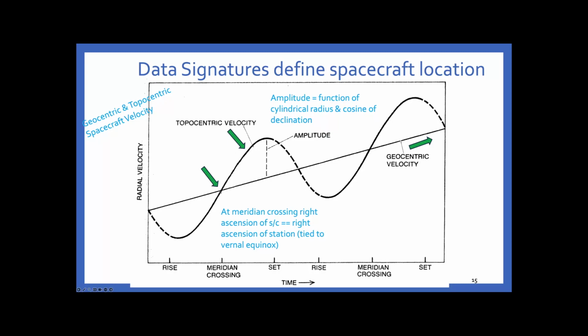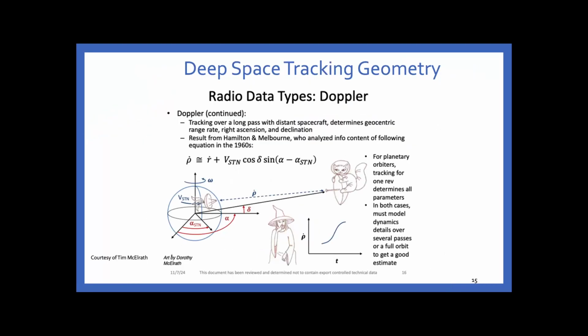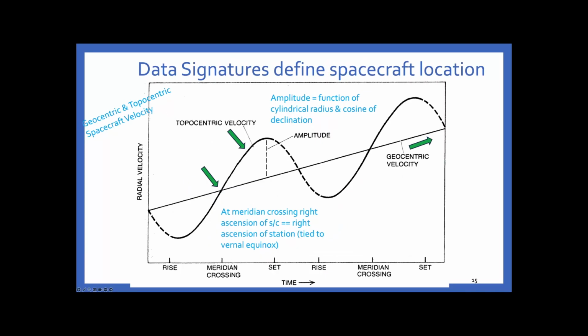So for starters here, if at this point, when there is no measured radial velocity, we know that the right ascension of the spacecraft is the same as the right ascension of the station. And if we know where the right ascension of the station is, we're on our way to understanding how navigation works.